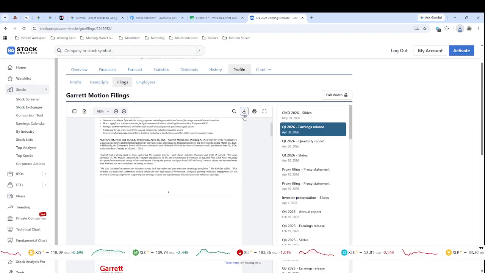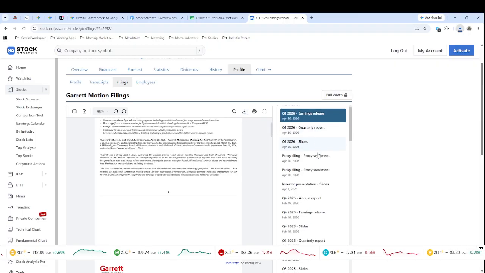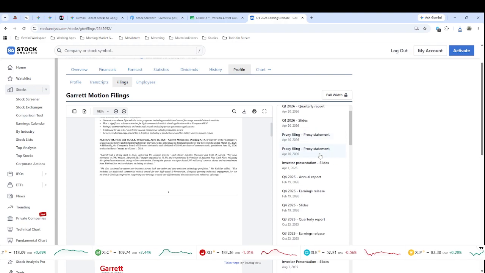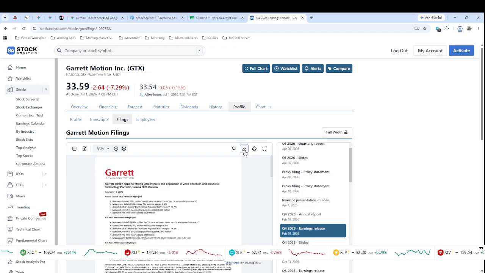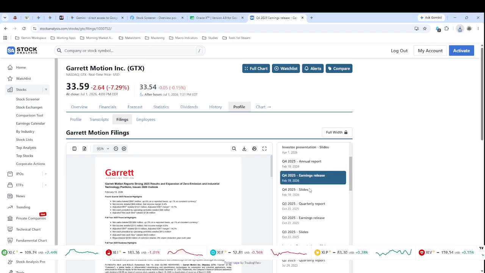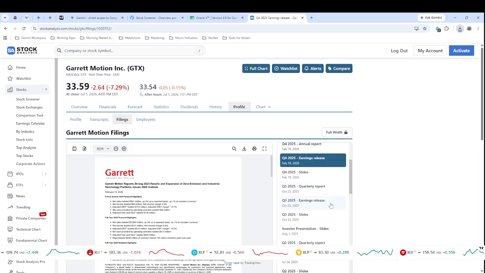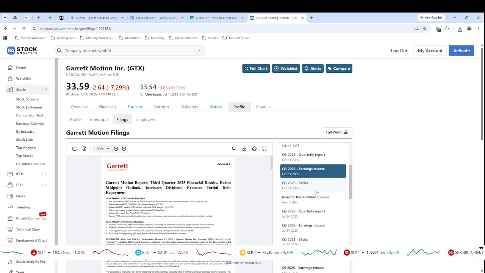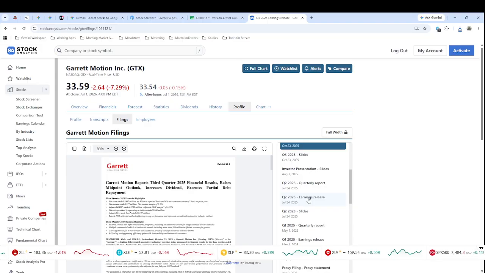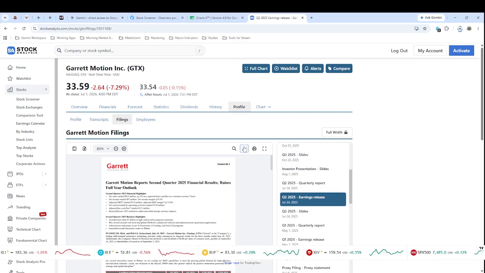So Q1 2026, Q4 2025, Q3 2025. I'm getting the last four of them, and Q2 2025. All right, let's go to Gemini real quick.